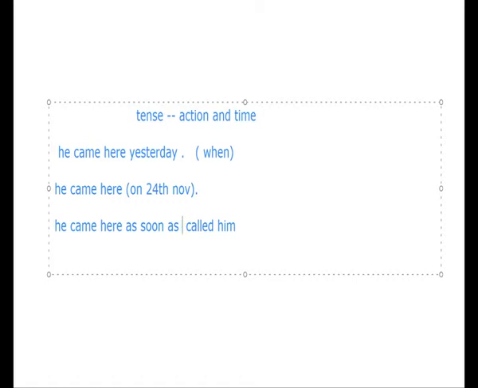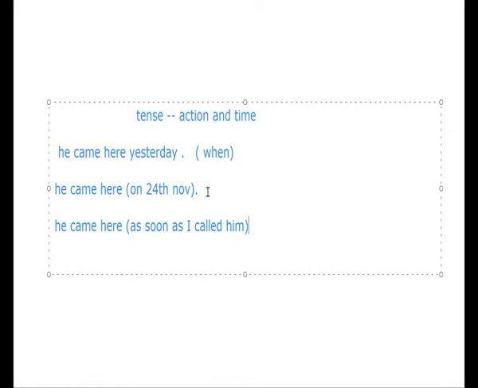And the pronoun I is always capital. He came here as soon as I called him. Is it simple, compound or complex? Complex, starting from here to here. So when, as soon as I called him, please pay attention. This is another important one. Very frequently the tenses are tested in your competitive exams.